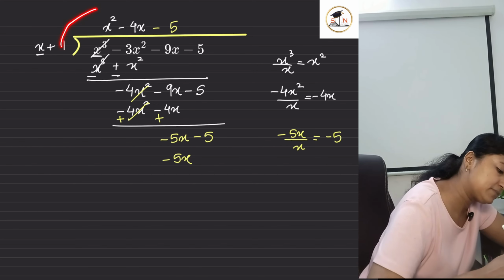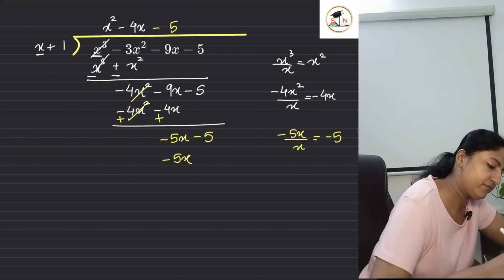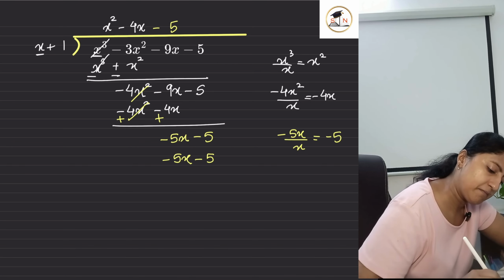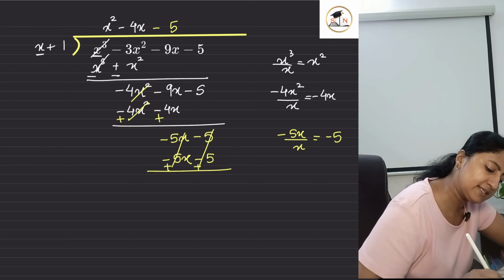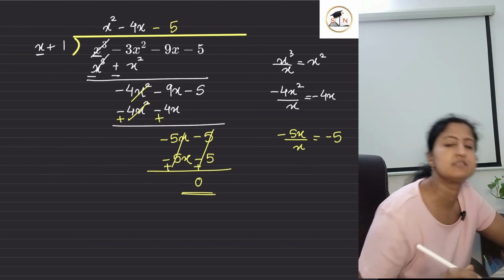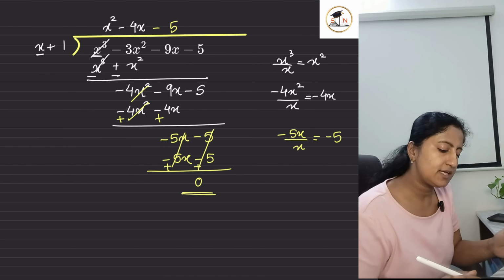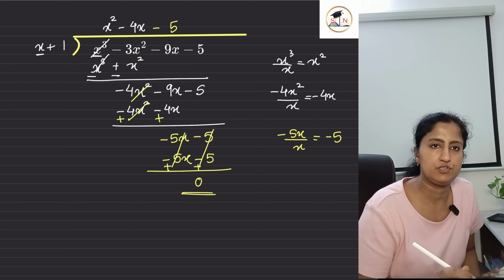Now, we times 1 with negative 5, and we have minus 5 over here. So now, subtraction reverses the signs over here. This gets cancelled, this gets cancelled, and what we are left with is just 0. Okay, this is the process of long division.